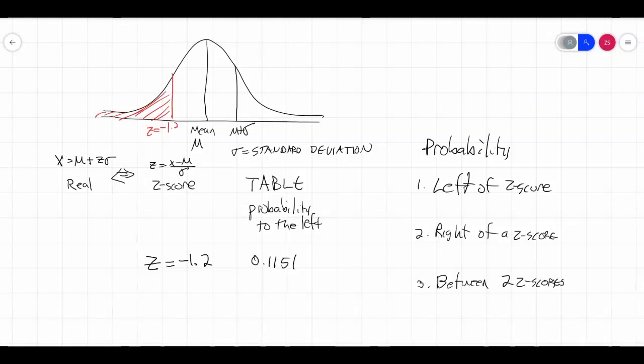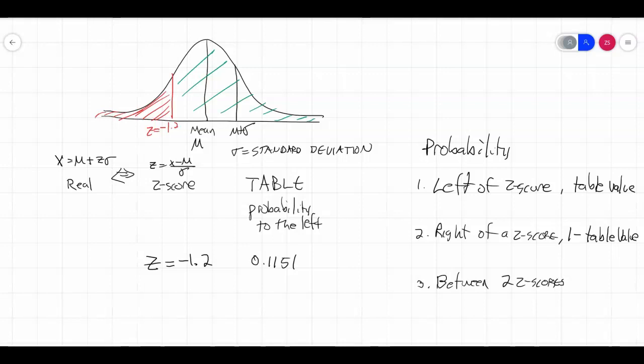Okay, so to the left of the z-score, this is exactly the table value. That's it. To the right of a z-score, you have to do 1 minus the table value. So if we wanted to the right of negative 1.2, 1 minus 11.51.